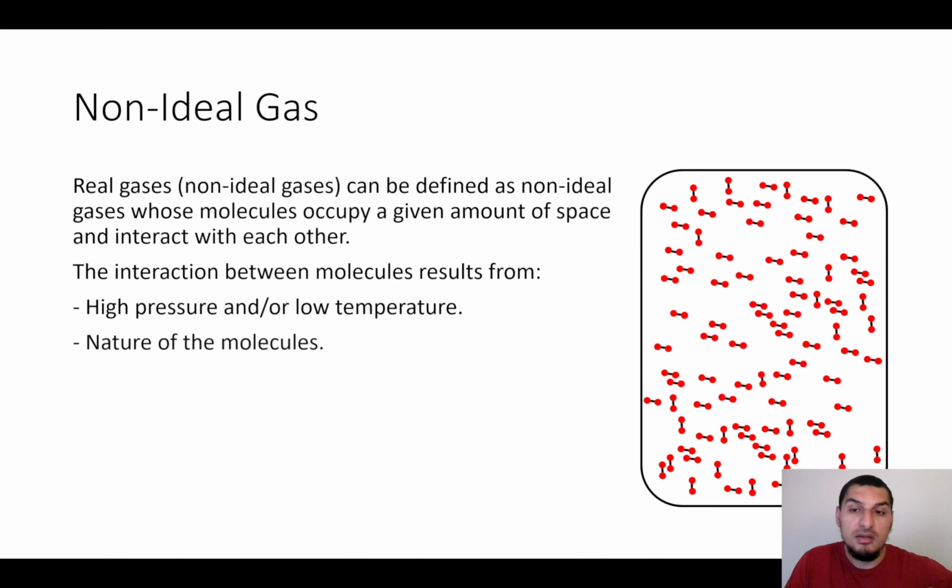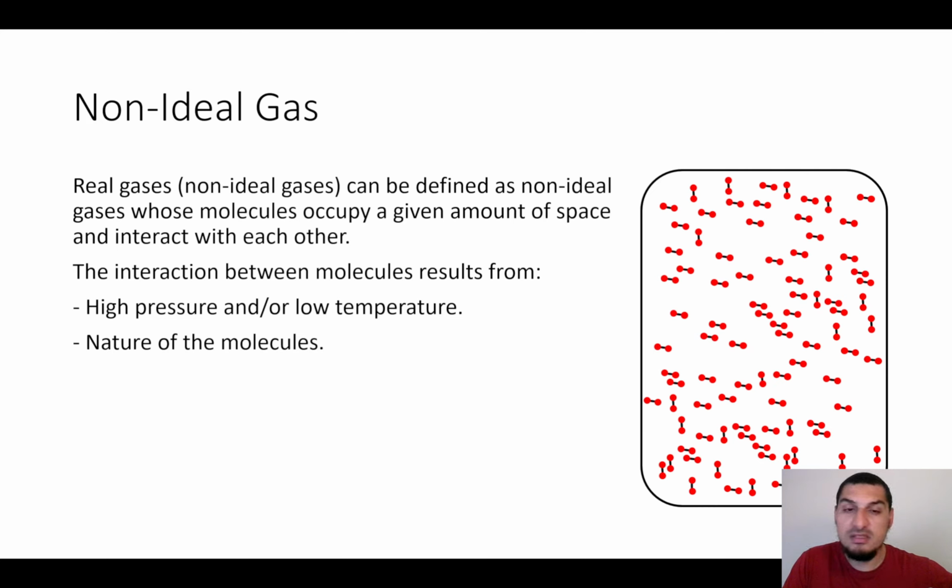Or the nature of the molecules. Sometimes molecules are non-ideal. For example, with water molecules, there is a natural interaction between the molecules. They naturally form hydrogen bonds. This hydrogen bond is a form of interaction between the molecules that makes the water vapor molecules behave in a non-ideal way.